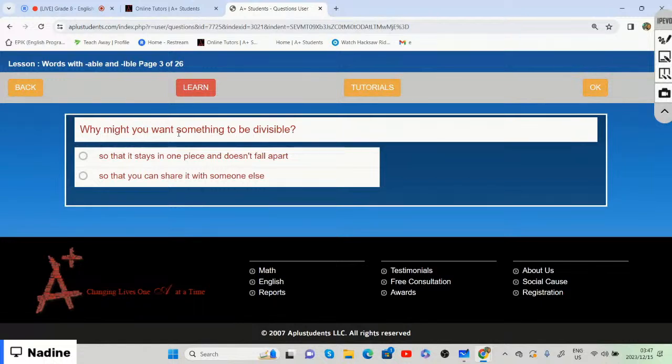And why would you want something to be divisible? Is it so that it stays in one piece and doesn't fall apart, or so that you can share it with someone else?